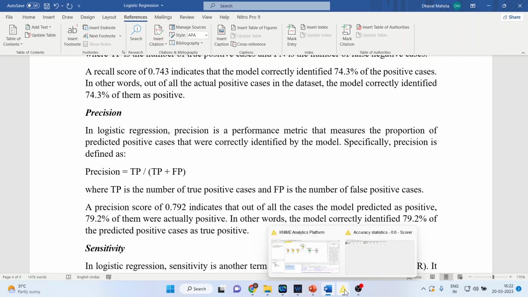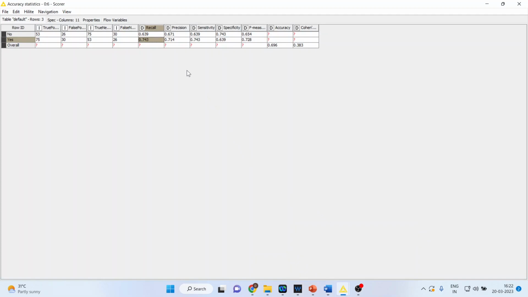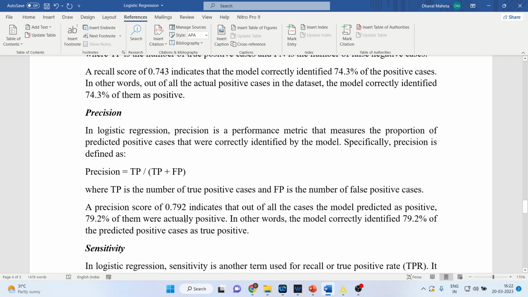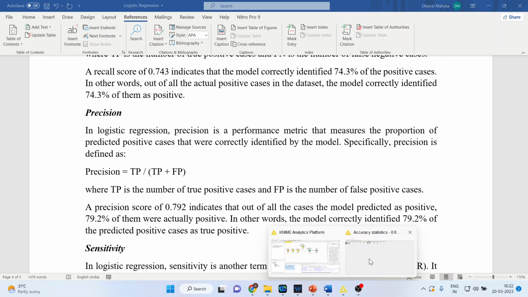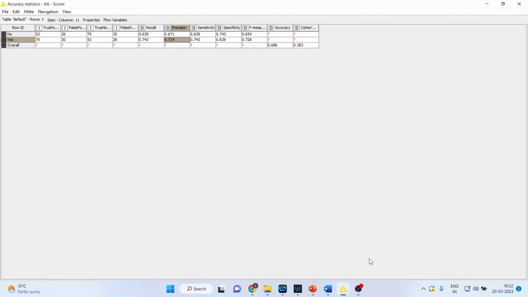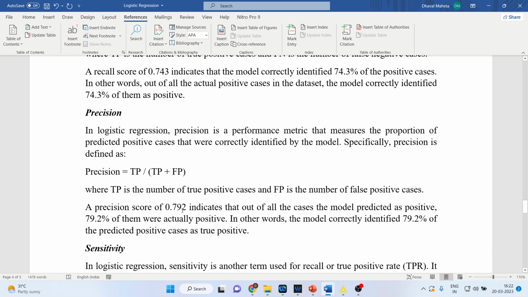Next comes the precision. Let's see its value. Again, precision. Precision value for yes is 0.714. So precision is true positive divided by true positive plus false positive. Yeah, I'll write down here.